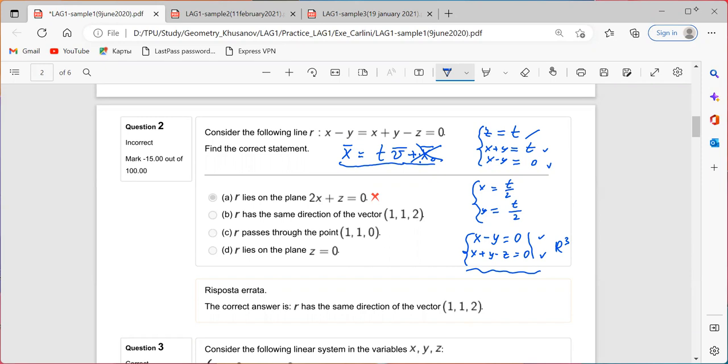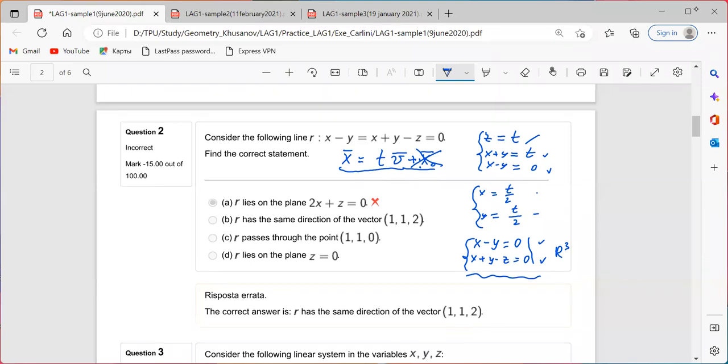So you can see x equals y. You can put that in the first equation, and from it you will obtain 2x equals t, or x equals t over 2, and y equals also t over 2. That's why the parametric equation of this line will be x equals t over 2, y equals t over 2, and z equals t.